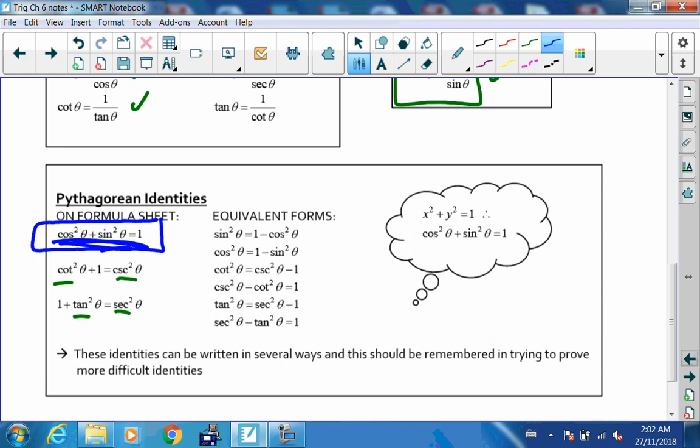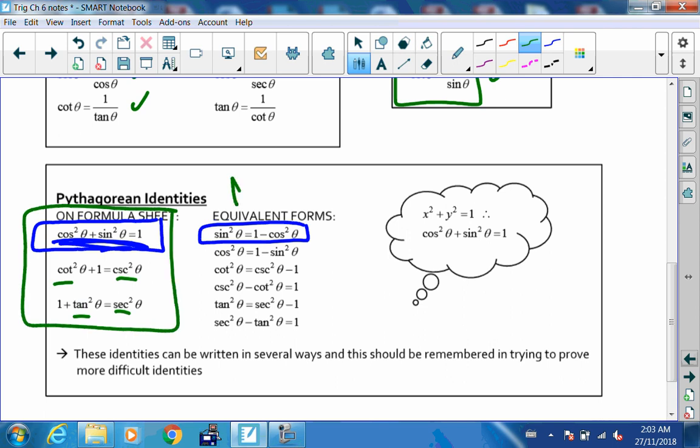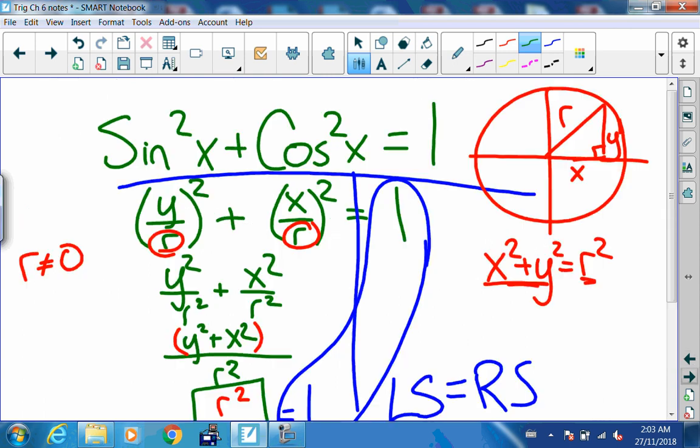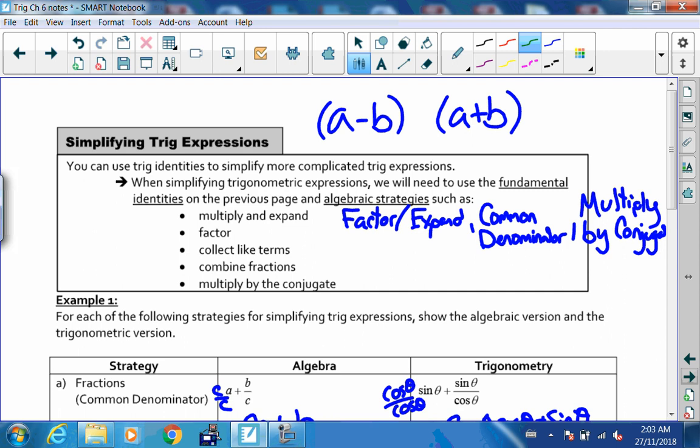If we just subtract cos squared from both sides, that gives me this form. So sine squared equals 1 minus cos squared. Now, these three forms are on your formula sheet. The rest of these are not on your formula sheet. Now, they're easy to spot, and by the time we get done with this unit, you'll be able to do all of that no problem at all.